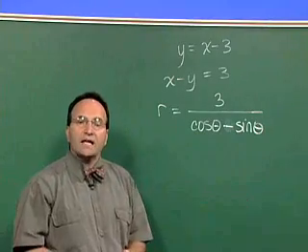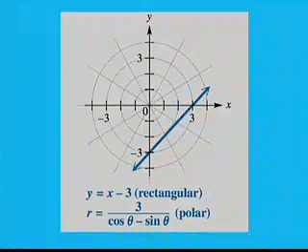Well, let's take a look at that graph, which we have on the display. We have the two forms, the rectangular form and then the polar form. And in each case, of course, it's going to give us the straight line that we have drawn here.